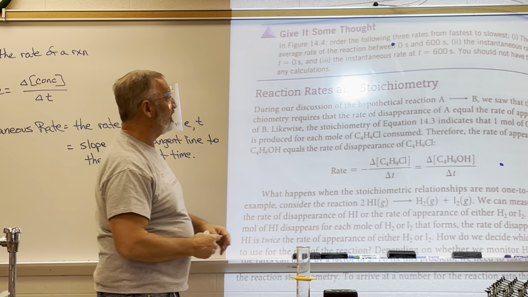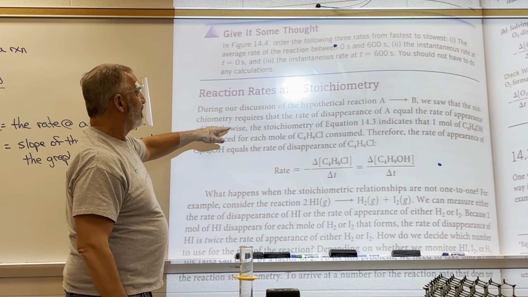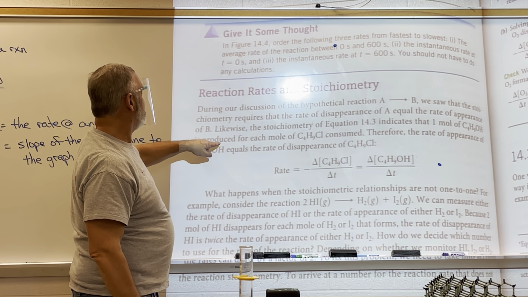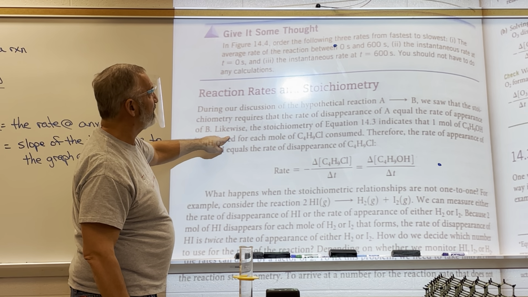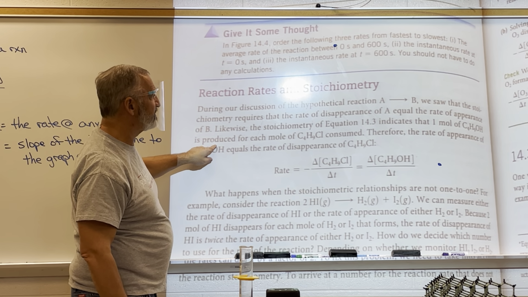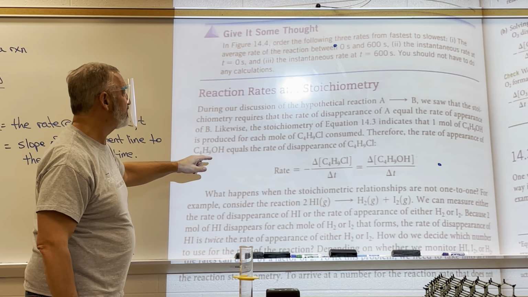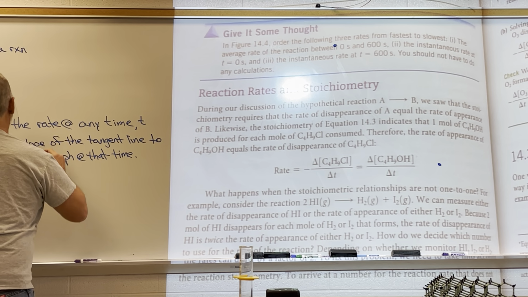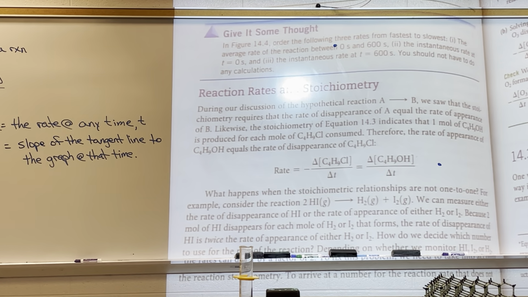So if I look at here, okay? Likewise, the stoichiometry equation 14.3, which must be on a previous page, indicates that 1 mole of C4H9OH is produced for each mole of C4H9Cl. So if I look at this equation, let's go back and actually get it, 14.3.